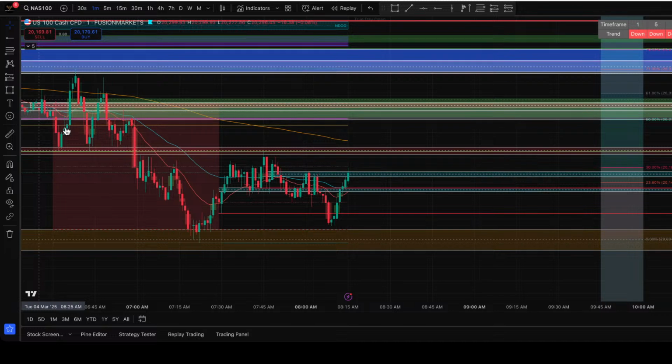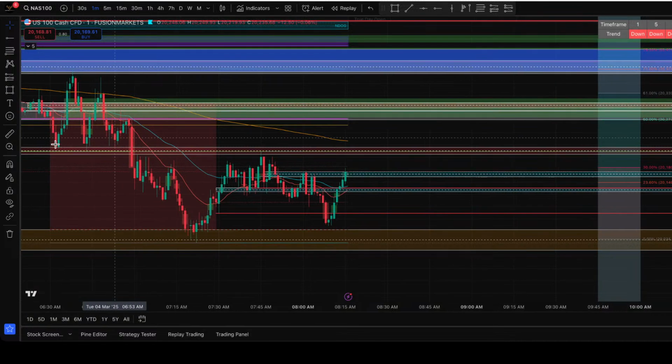Anytime you see 3 equal relative highs and or lows, that kind of consolidation, it's just going to be a messy day, and especially if there's no news.